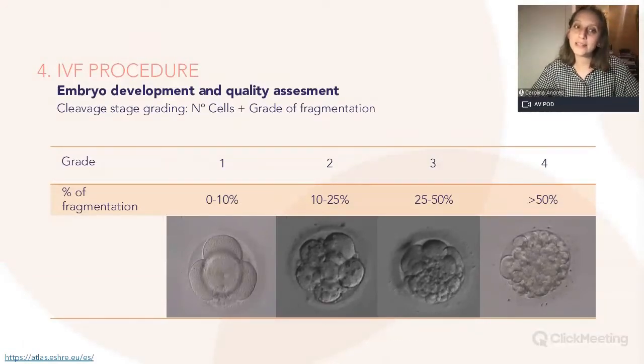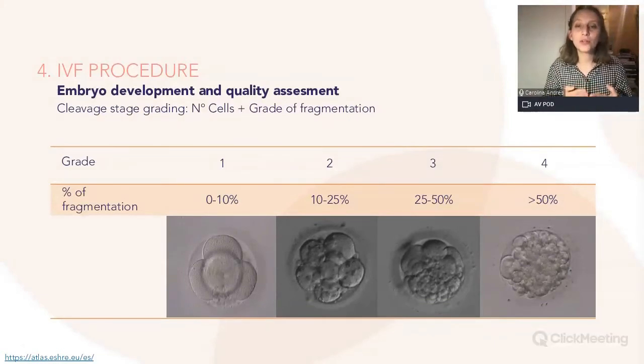As I said, cells must divide completely. If during a cellular division there is a kind of debris that's been wasted at the perivitelline space, that means the space around the cells, that's a poor prognosis factor.